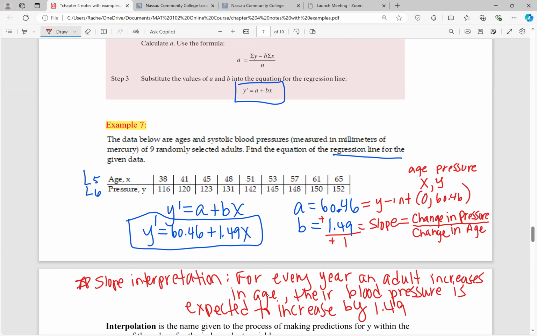So by 1.49 millimeters of mercury, because that's the units that we were given in the problem. And that's how we would interpret the slope.